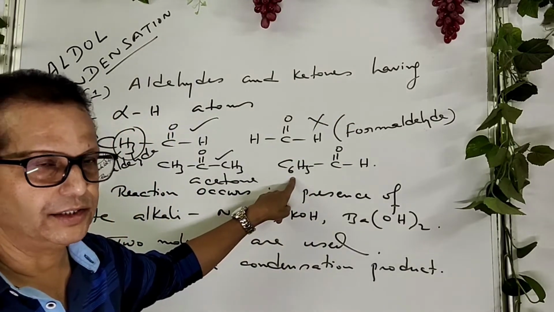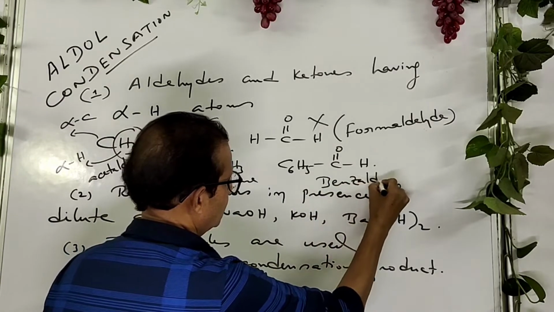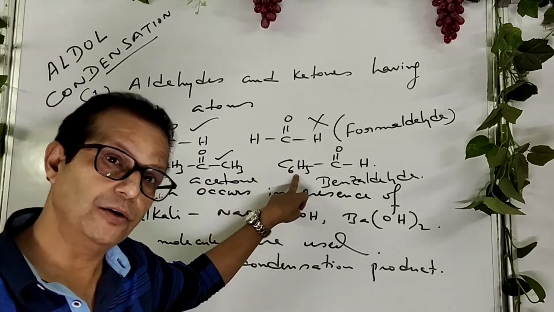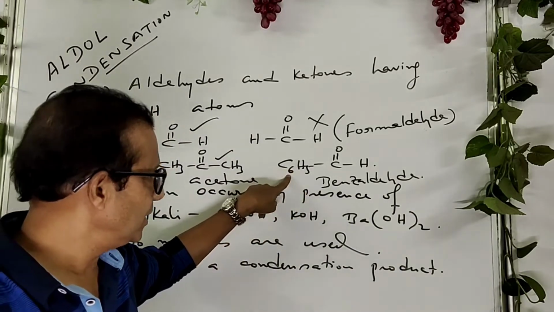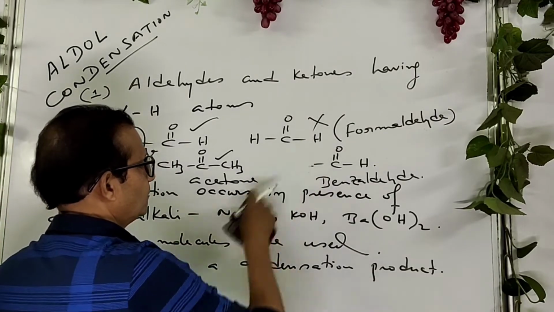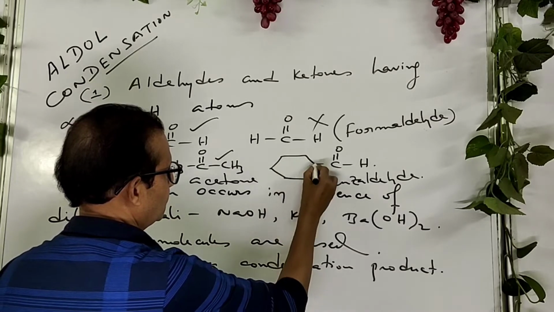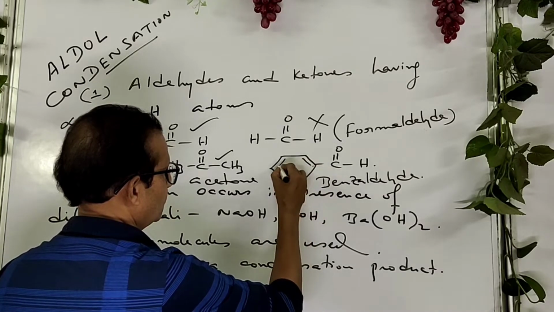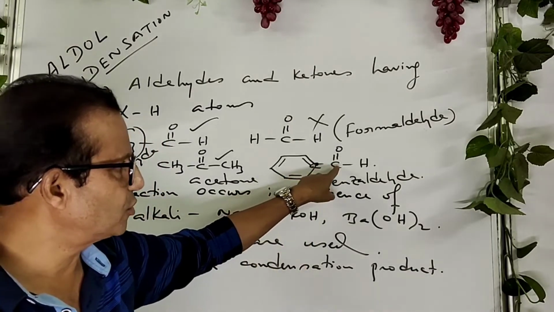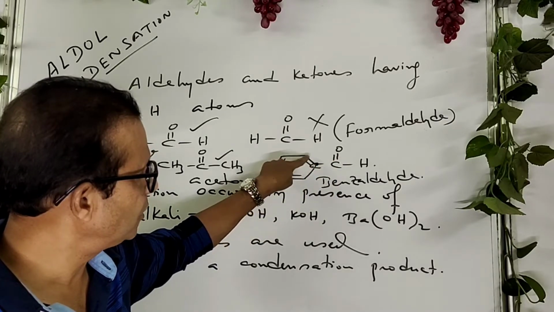This is benzaldehyde. Benzaldehyde has an alpha carbon but no hydrogen atoms. This is a benzene ring actually. If you draw the benzene ring, the carbon attached to the carbon of the aldehyde group is already tetravalent: 1, 2, 3, 4.